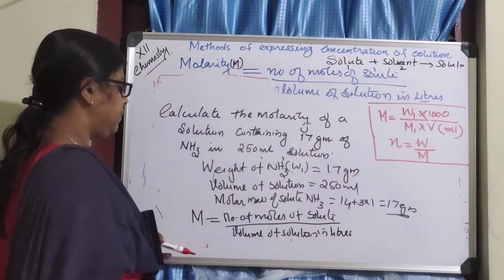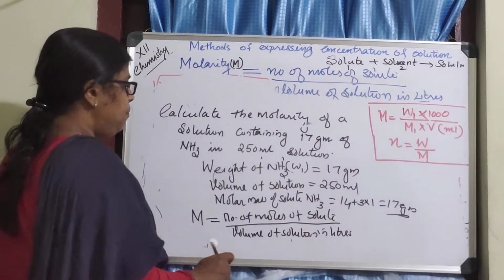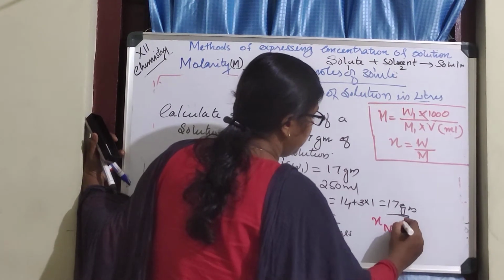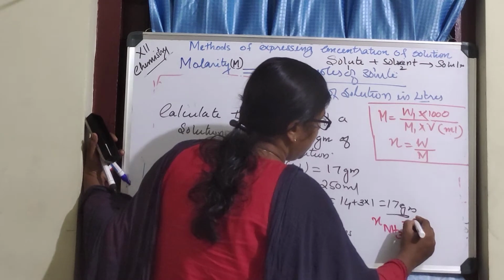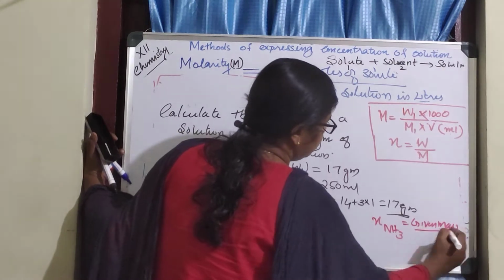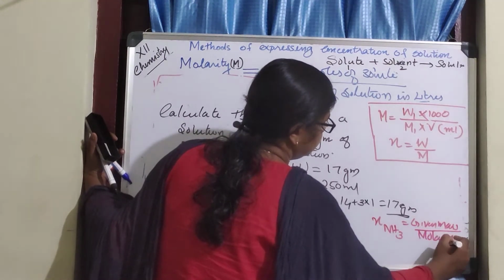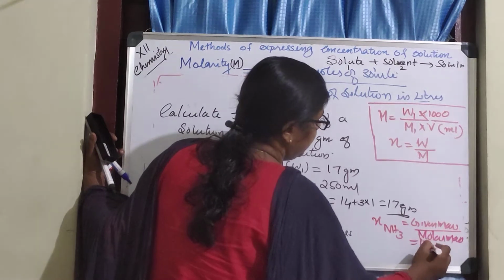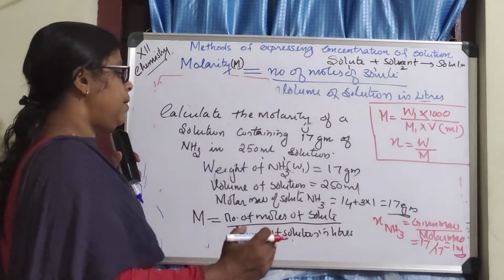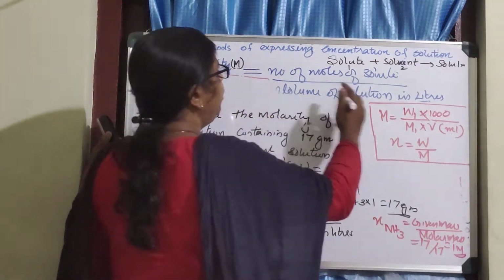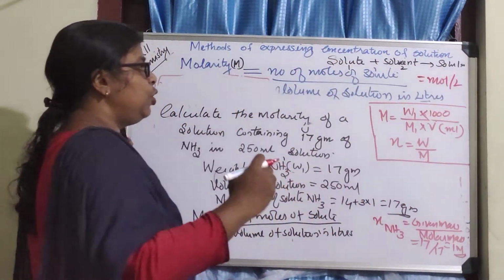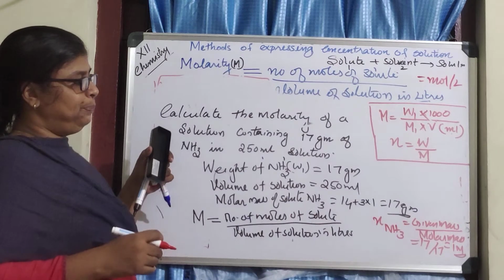Now, number of moles of NH3 is equal to given mass by molar mass, W by M. That is 17 by 17, that is equal to 1 mole. We have told the unit of molarity is mole per liter or mole per decimeter cube or mole per centimeter cube.